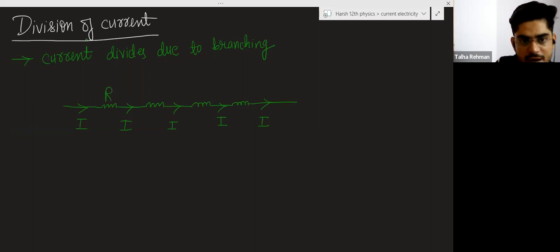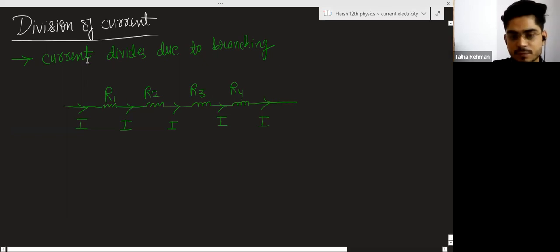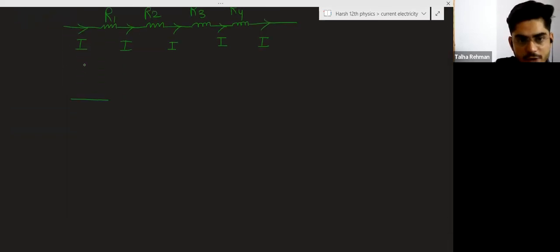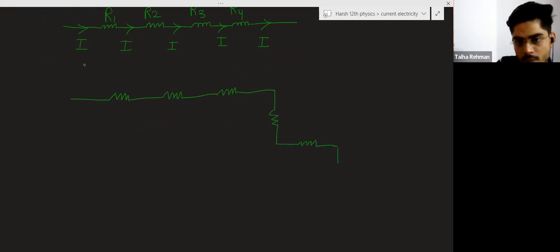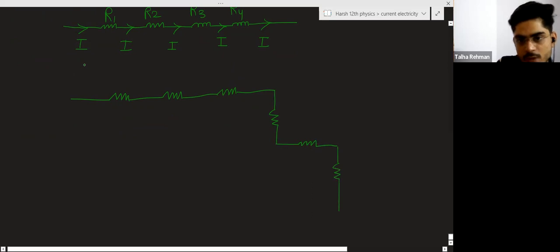If you are having resistance R1, R2, R3, R4, now, if you have resistance connected like this, so the wire is same, there is no branching in the wire.